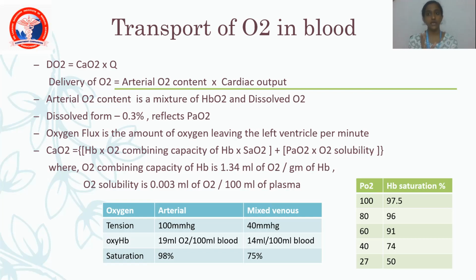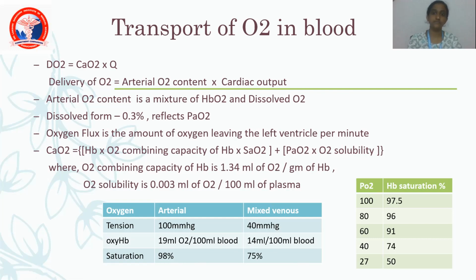So nearly 5 ml of oxygen is taken up at the periphery level, and when we compare the venous blood, it has only the remaining 14 ml in 100 ml of blood. So the saturation in arteries is 98%, whereas in venous only 75% of Hb will be saturated with oxygen.